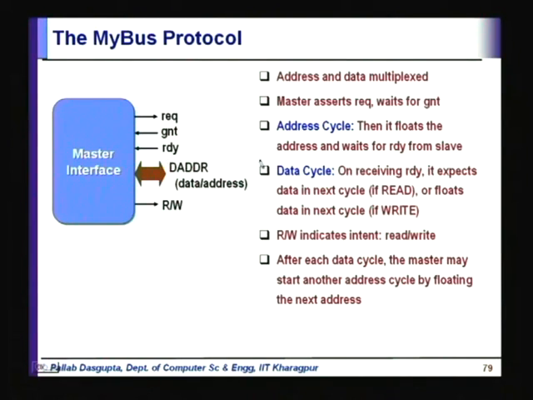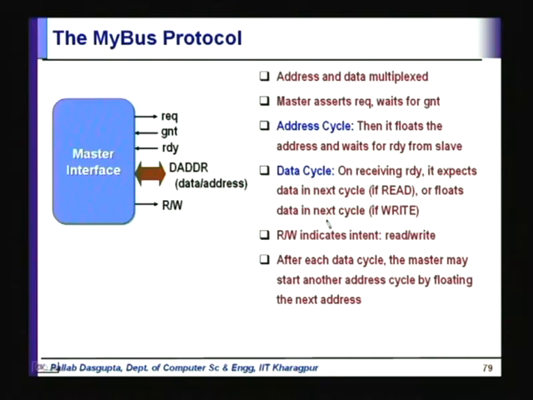And when the slave produces the ready signal, it goes into the data cycle, and on receiving the ready signal, it expects data in the next cycle if it is a read transaction, or the master will float the data in the next cycle if it is a write transaction.